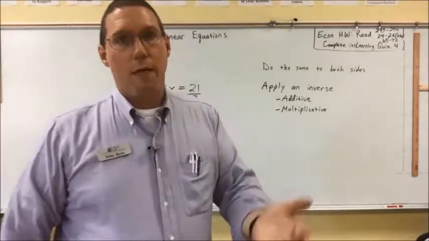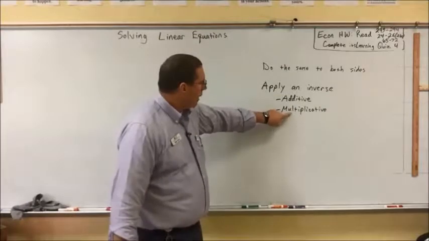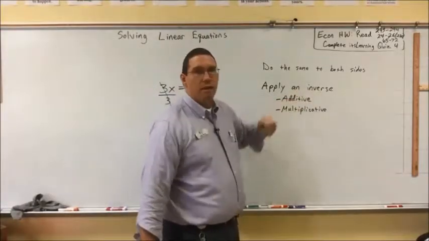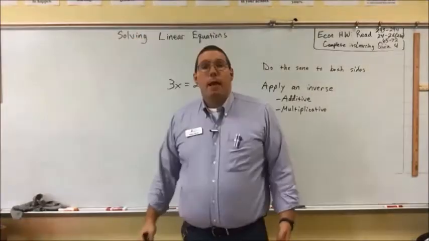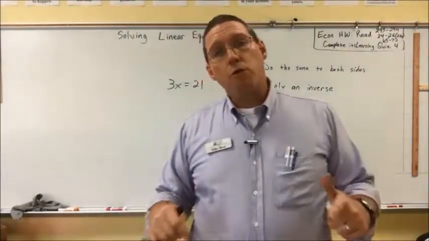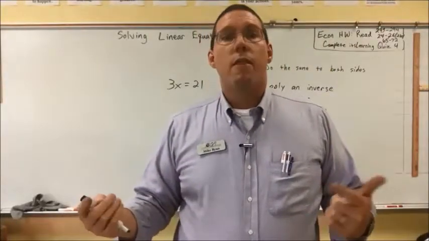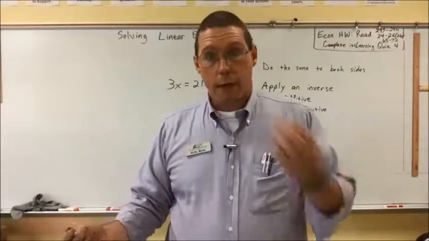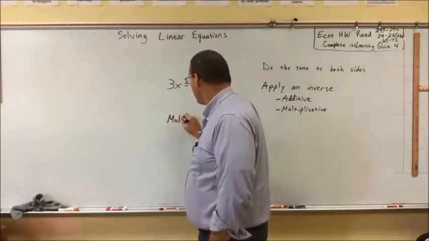So you know how to do that, but now I'm going to explain it in a different way. I'm going to talk about it as a multiplicative inverse. What is a multiplicative inverse? A multiplicative inverse is a number that when multiplied by its multiplicative inverse, the answer is 1. Okay?